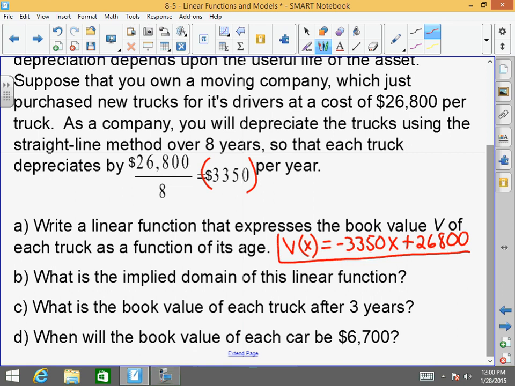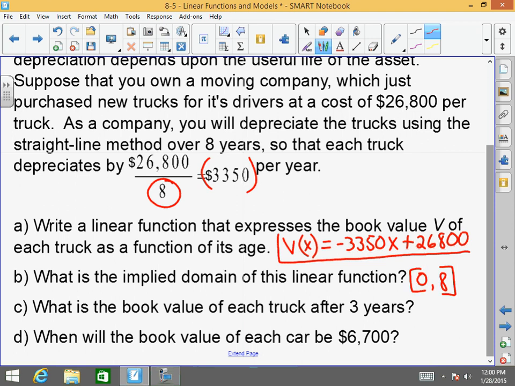What is the implied domain for this linear function? Well, remember that I can't have a negative value. So since I think that this truck is going to last 8 years, my implied domain will be between 0 and 8 years. Okay?